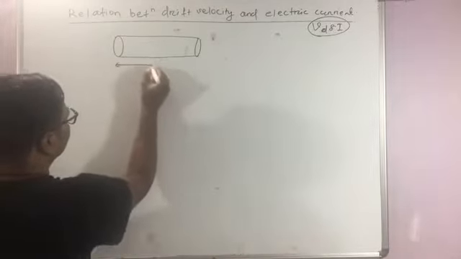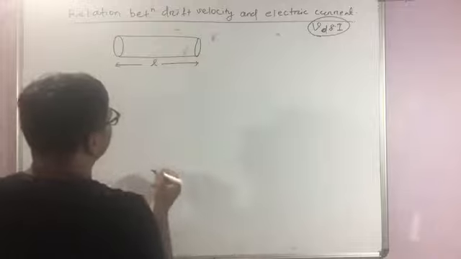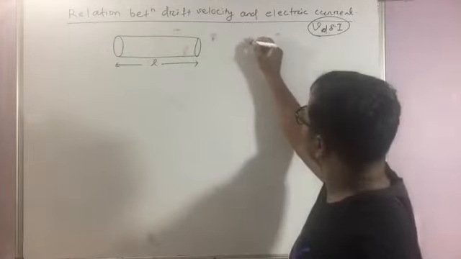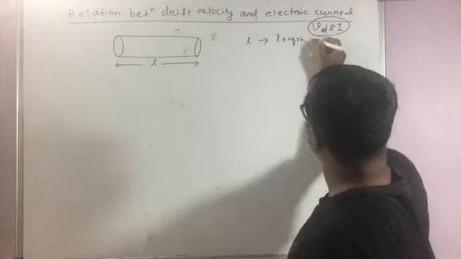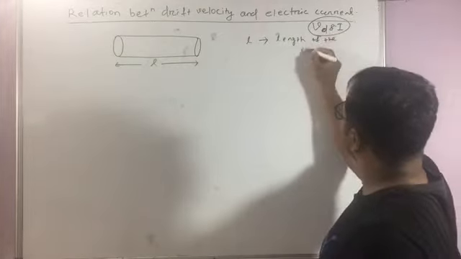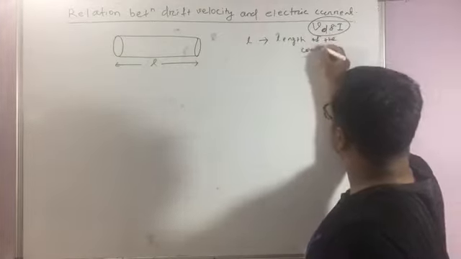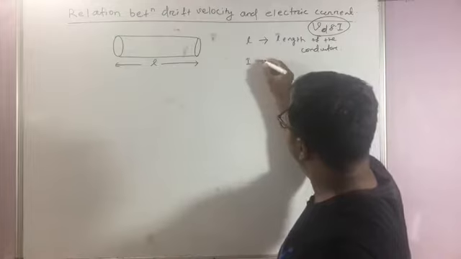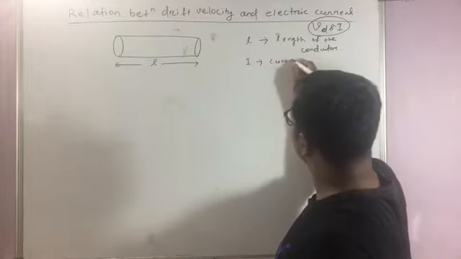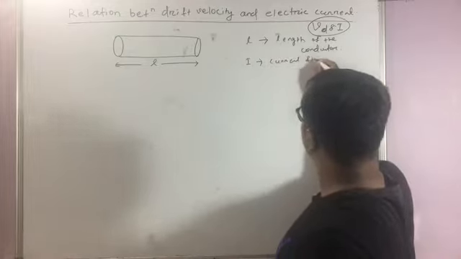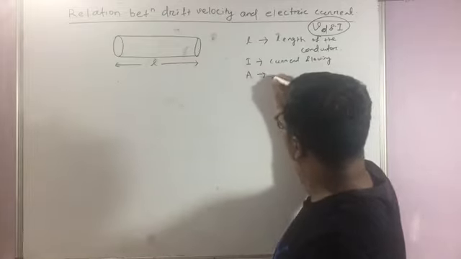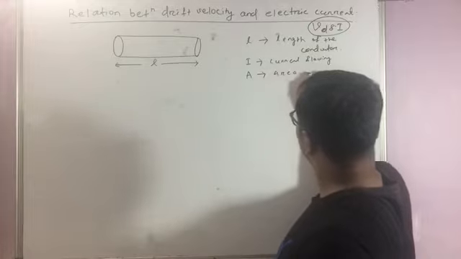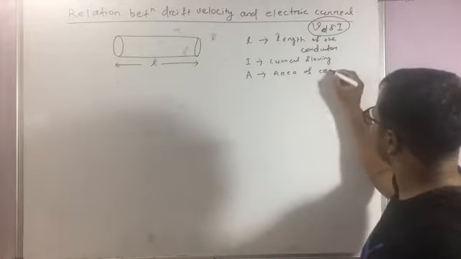Let's say its length is L. Let us write here: L is the length of the conductor, I is the current flowing through the conductor. Let's say A is the area of cross section of the conductor.